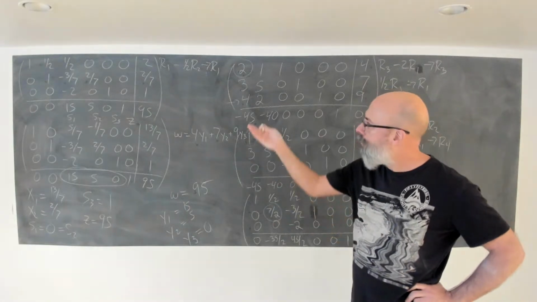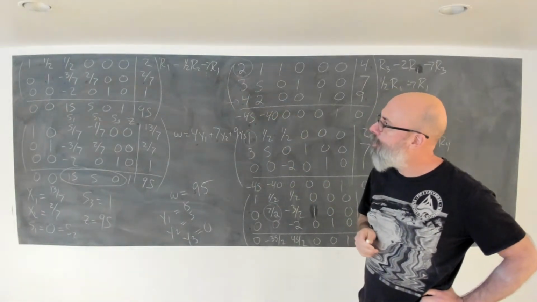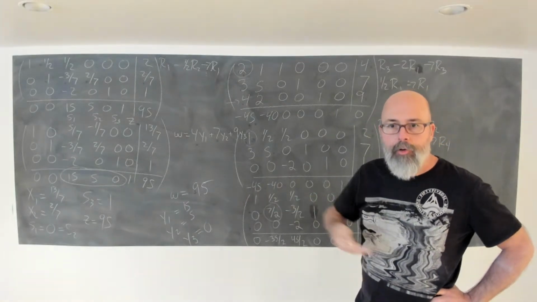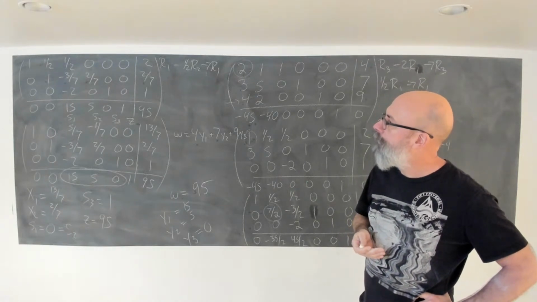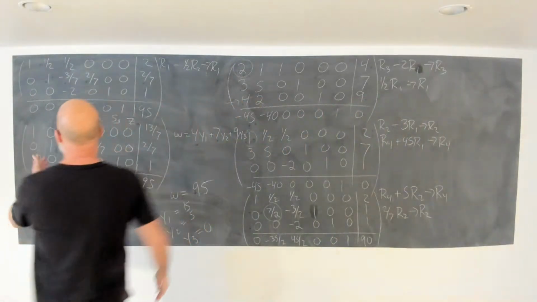Even though you don't have any more negatives in the last row, you still have to finish clearing out the column. Because only then you'll be able to answer the question, state the solution, right?